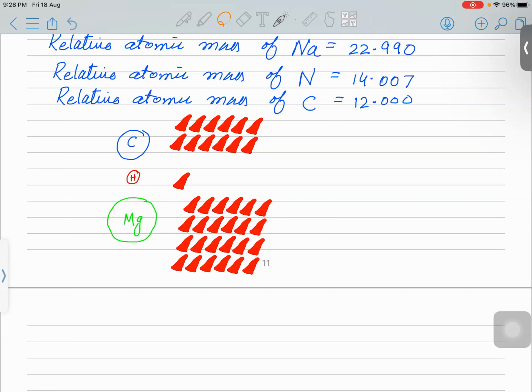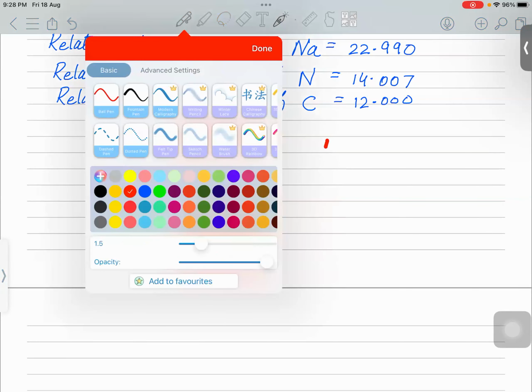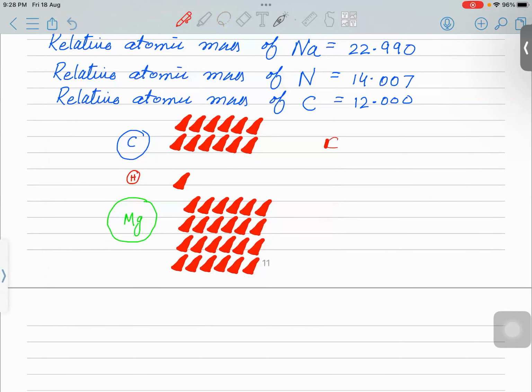For example, for carbon ratio hydrogen, here you have 12 ratio 1. For magnesium, it is 12 ratio 24.